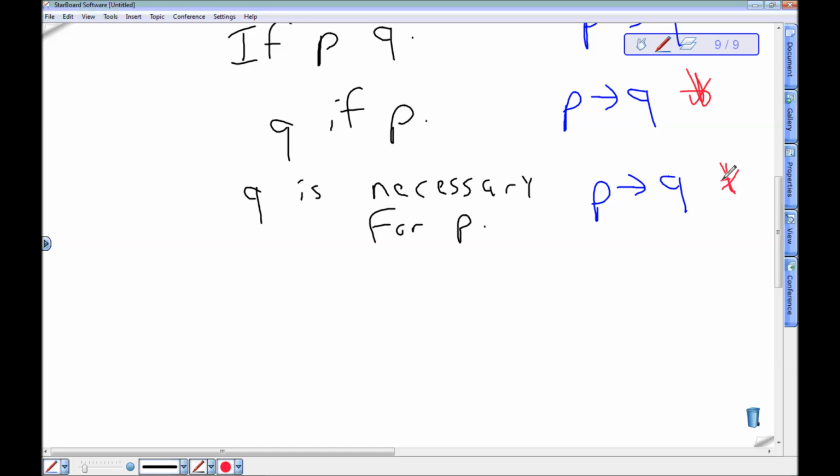So Q is necessary for P is actually symbolized as if P, then Q. Again, that's one to look out for because it looks backward. When I look at the statement, Q is necessary for P, that's actually going to be symbolized if P, then Q.